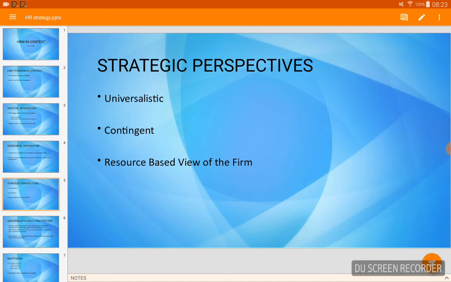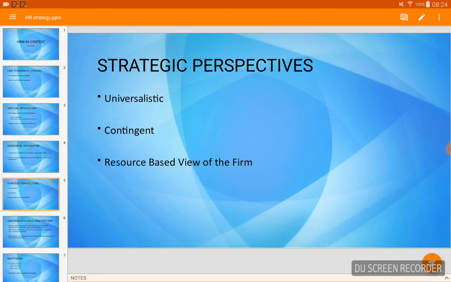You can then take that and apply it across the board in any other organisation in exactly the same way, and it will always work. Contingent strategic perspectives: a contingent strategy would be one where you recognise that there are factors which are different or unique to each organisation, and therefore the strategy which is developed responds to that and is going to be more tailored to the needs of the individual organisation. Contingent strategies are best fit strategies.